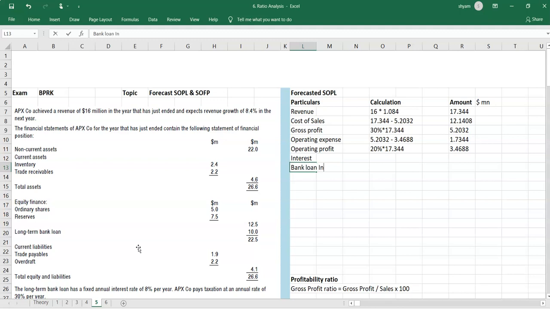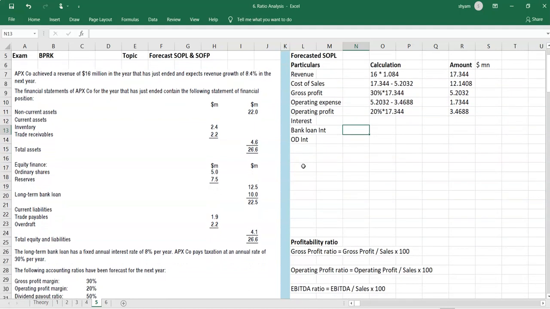For the bank loan interest, that is going to be 8% of the bank loan, which is 10 million. All numbers we are working out in terms of million only. So that's 0.8.